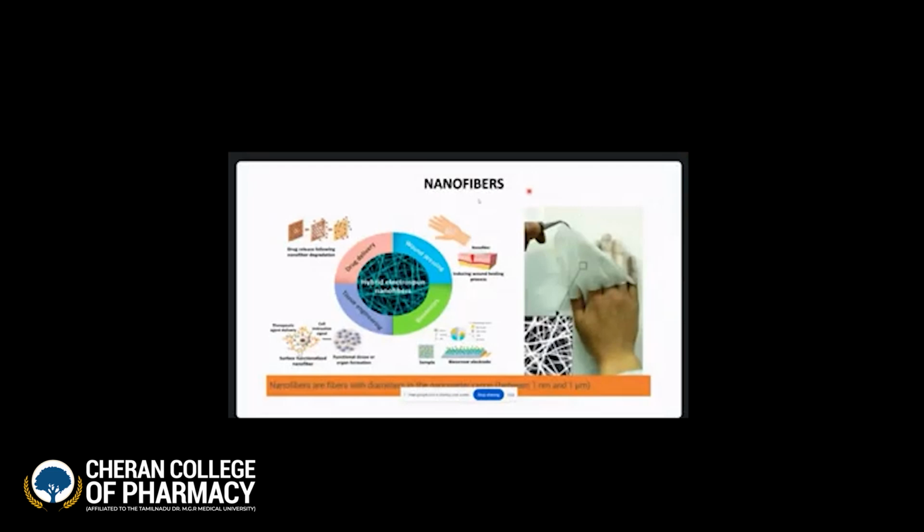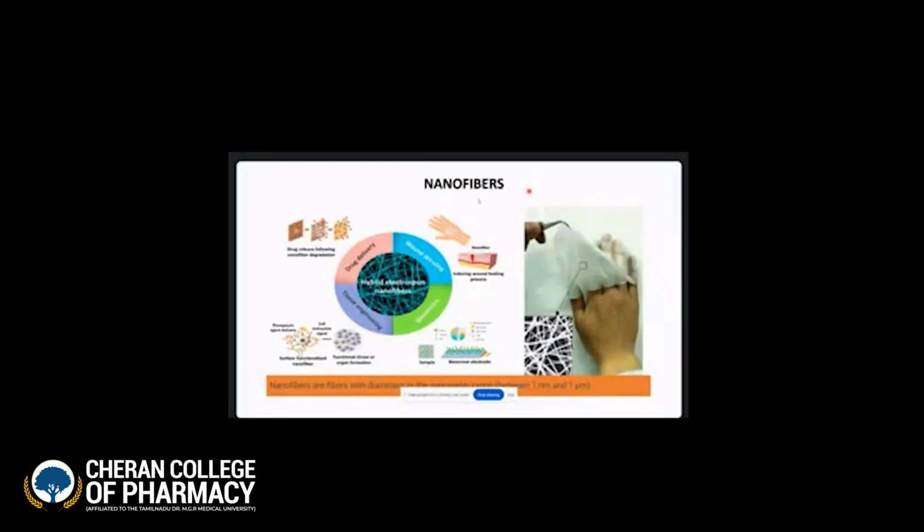It can also help with wound contraction. They made nanofiber with the PLGA polymer, which also shows more than 3 weeks of sustained drug release, and more than 90% wound contraction in 14 days was observed.